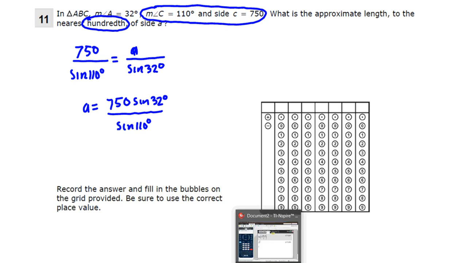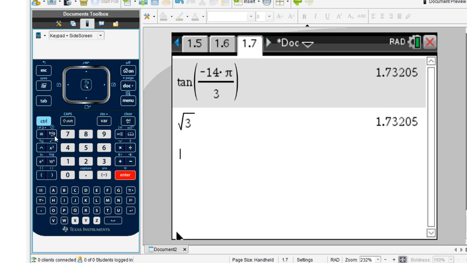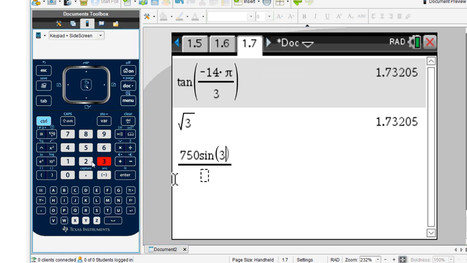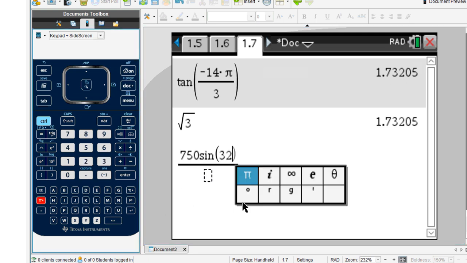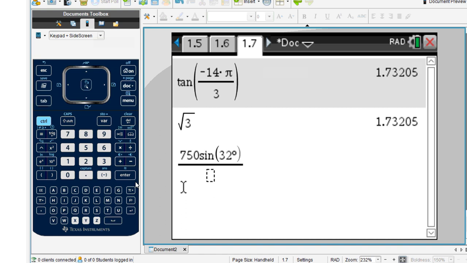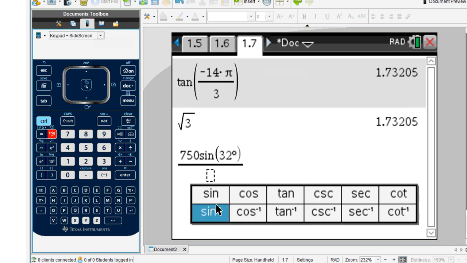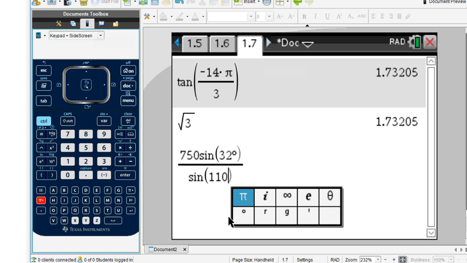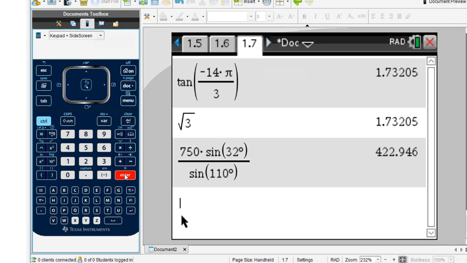So 750 sine 32 degrees. Got to use my degree symbol here, since I'm in radians, over sine of 110 degrees. So that's what you get.